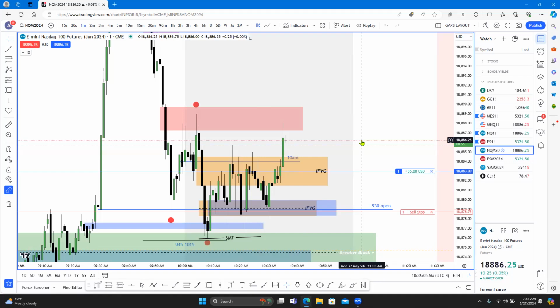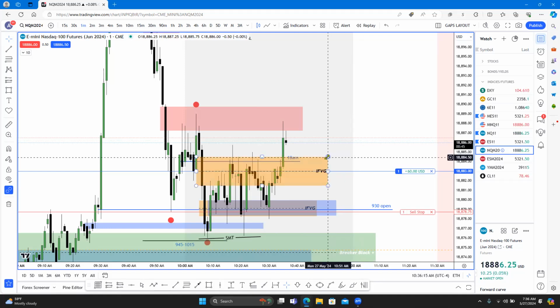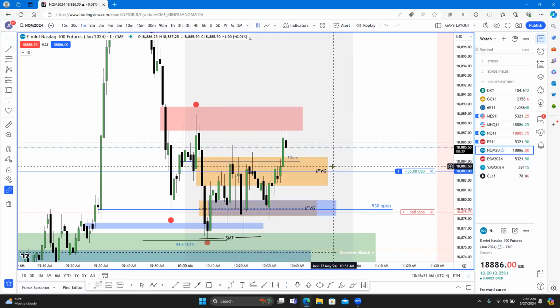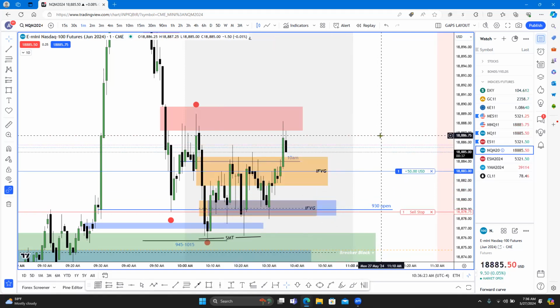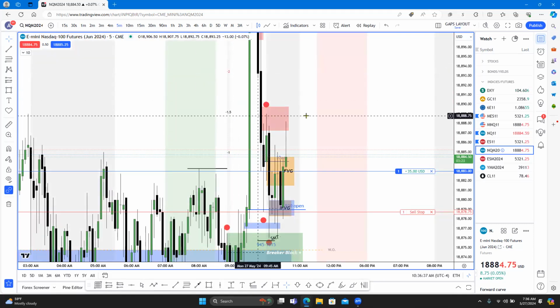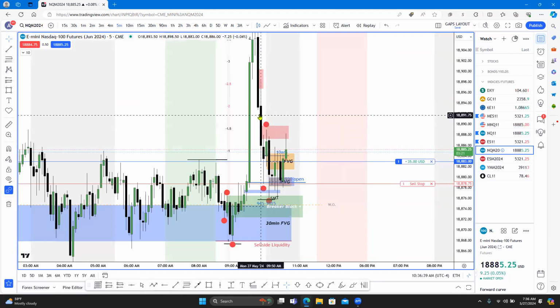So, nice closure. This is also a 5 minute bearish gap in here. So just keep a note of that, right?